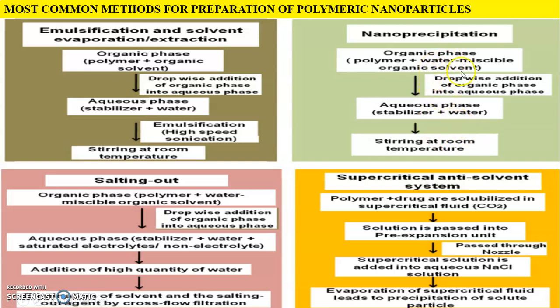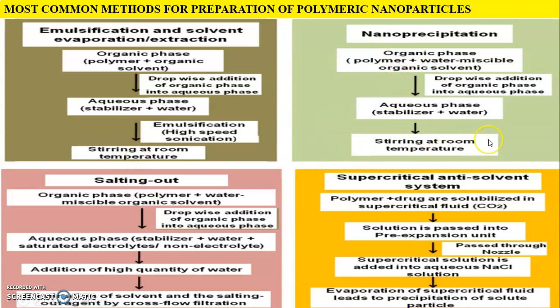So as it comes in contact, the water miscible solvent mixes with the aqueous phase, and when the solvent goes more into the aqueous phase, the polymer now coacervates out from this mixture of the water miscible organic solvent as well as the aqueous phase, and thus you get the nanoparticles.